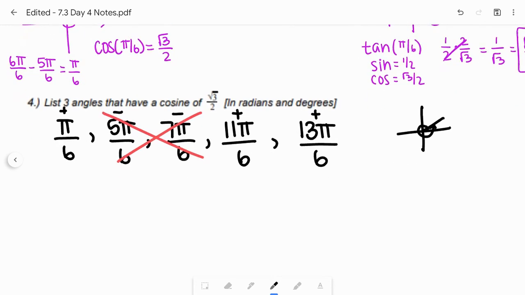Okay, so those will be my radians, but at pi over 6, we are at 30 degrees. At 11 pi over 6, we're at 330 degrees. Now, 1 full rotation is 360, but I'm adding 30 degrees onto that. So at 13 pi over 6, I will be back at 390 degrees. So those would be 3 angles that have a cosine of root 3 over 2.